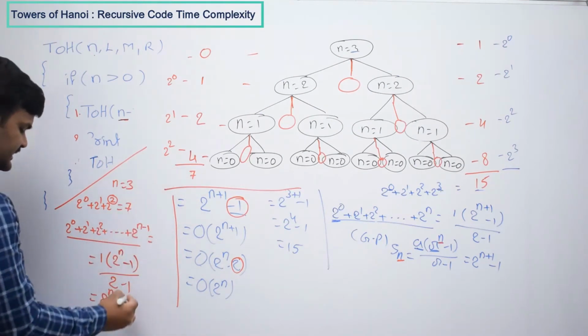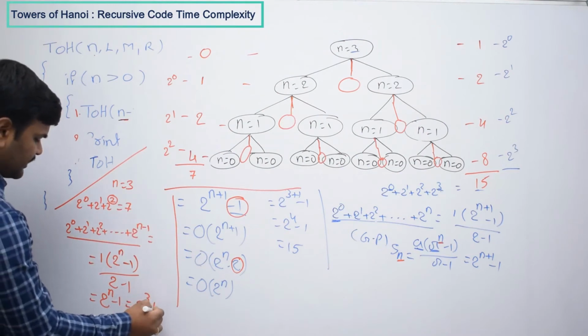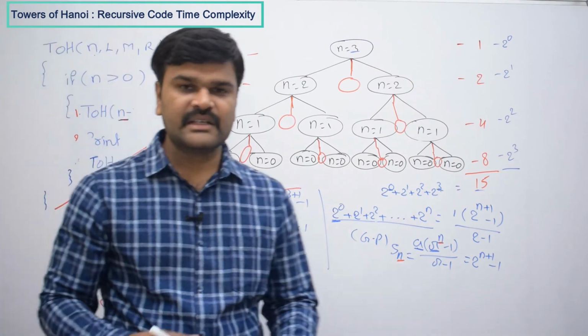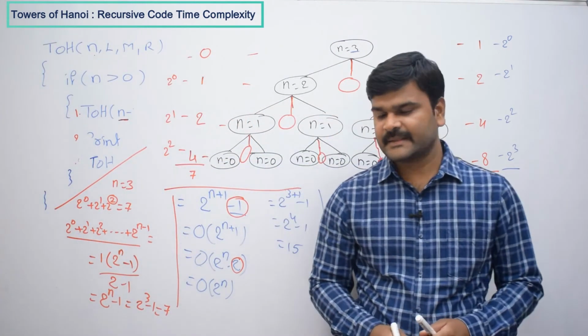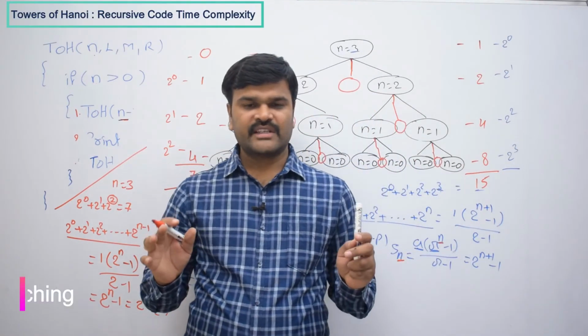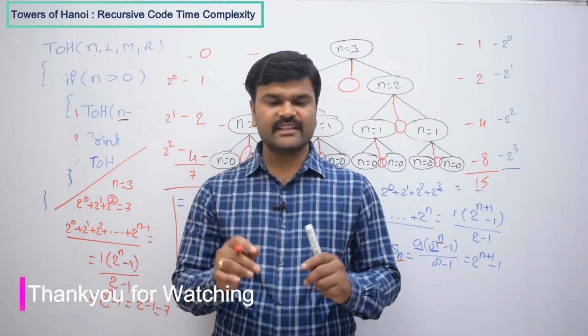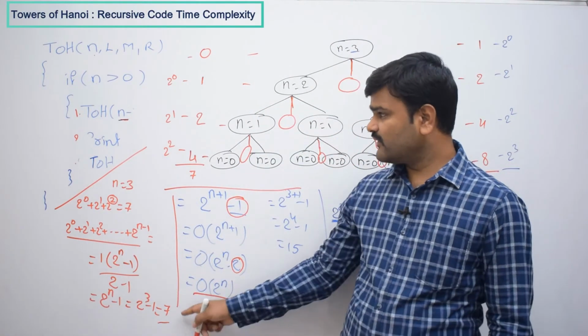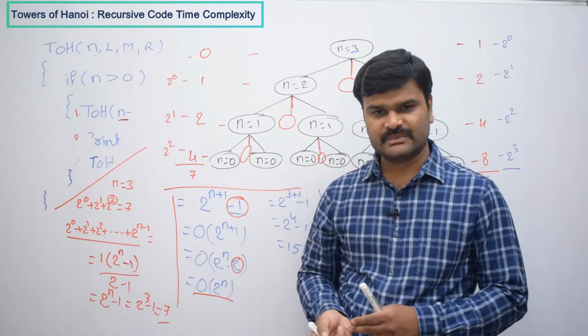So that is 2 cube minus 1, that is 7, so 7 movements are there in this case. In this way we find the time complexity of this code first, and then the number of movements for any given n value. Okay.